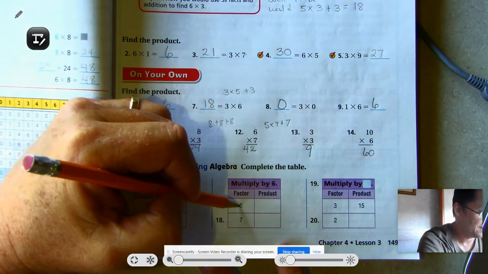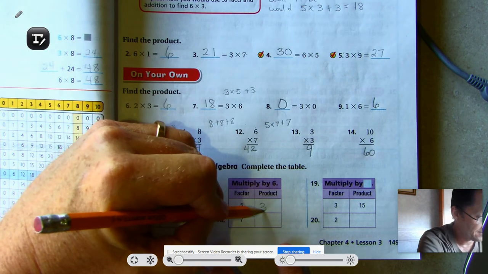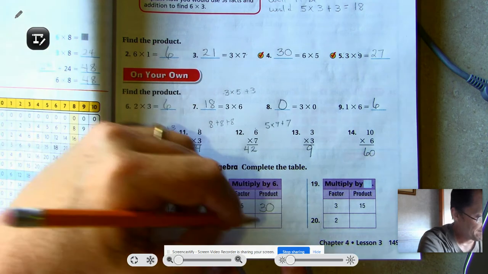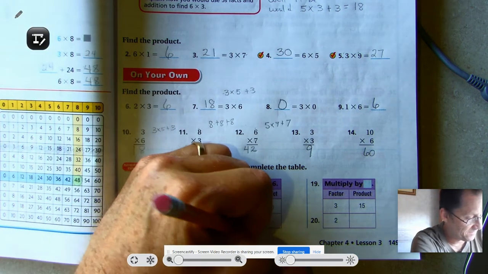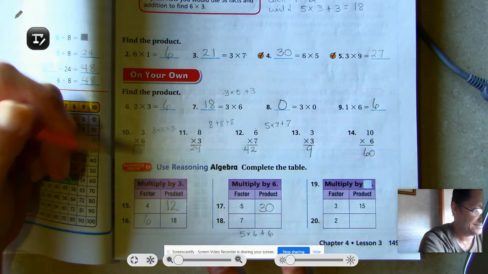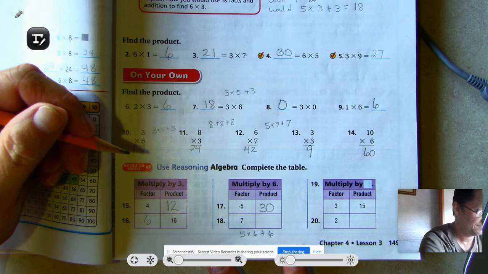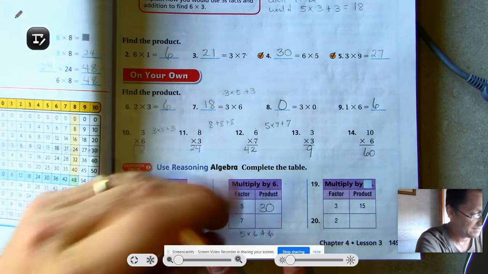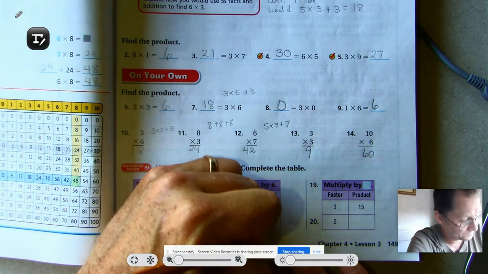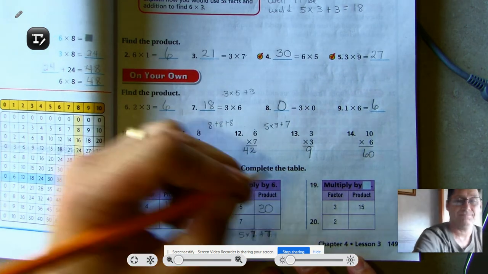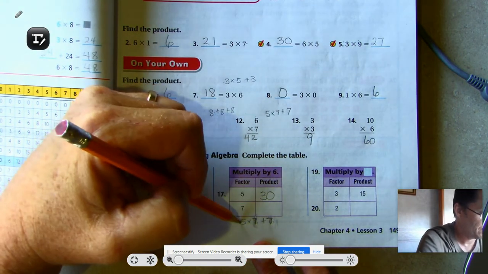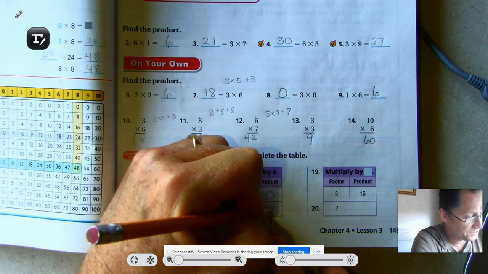5 times 6, and 5 times 6 is 30. 7 times 6 is the same as 5 times 6 plus 6. I'm sorry, that's not correct. I should have said 5 times 7 plus 7. 5 times 7 is 35, plus 7 more, 42.